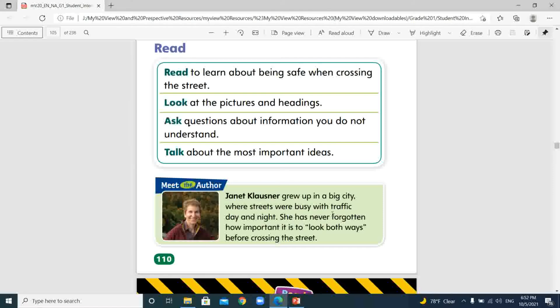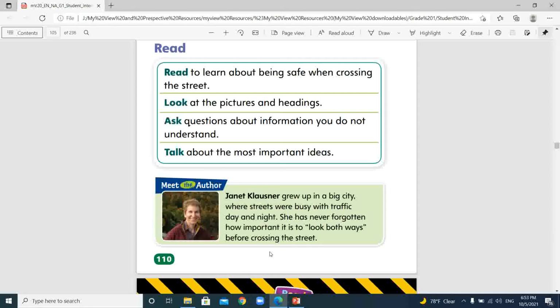You guys remember today we said that traffic means there were plenty of cars on the street day and night. So that means in the streets where she lived, there were many cars, many buses, many taxis on the street during the day and at night. She has never forgotten how important it is to look both ways before crossing the street.